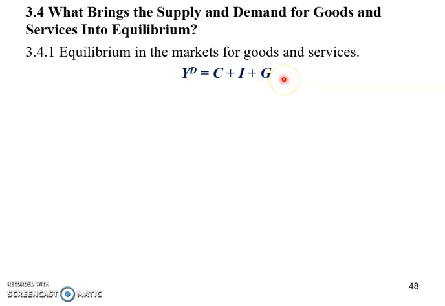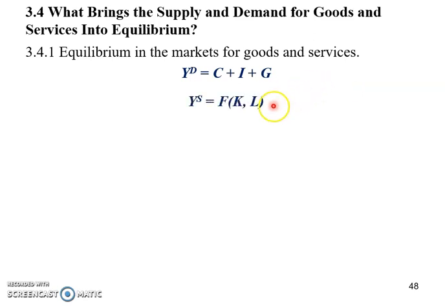Remember, we don't have the net exports here because we used the assumption of the closed economy to get rid of the exports and imports. Of course you can add that back to this equation. It won't change the conclusion we're going to draw.